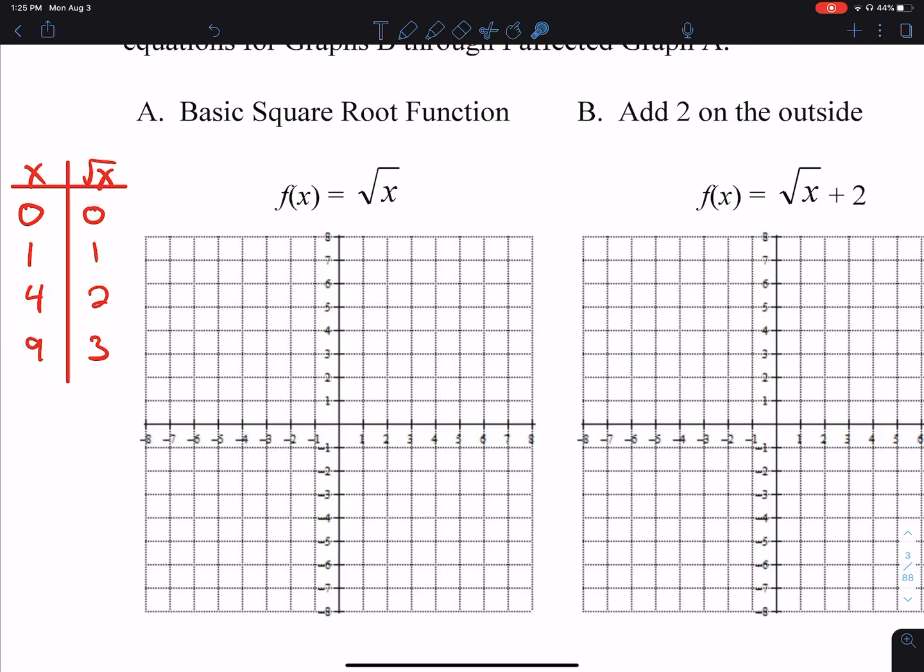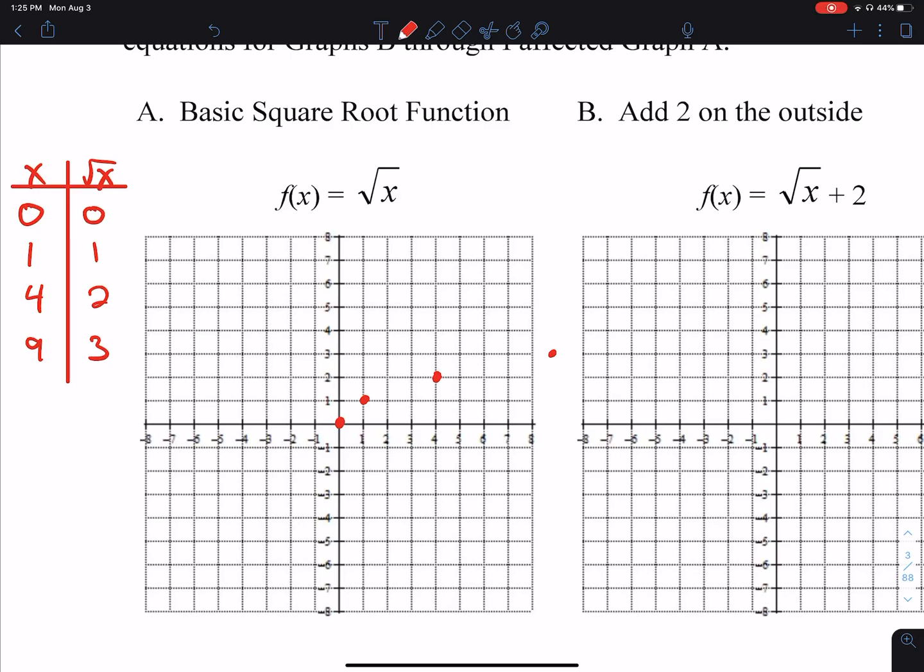If I put those ordered pairs on this coordinate plane, we get (0, 0), (1, 1), (4, 2), (9, 3), which would be right about here. Keep in mind, we can't put negative numbers into this because if you take the square root of a negative number, it becomes imaginary.